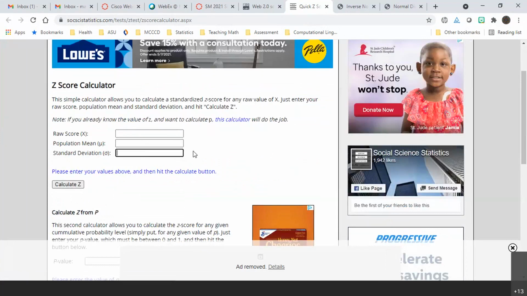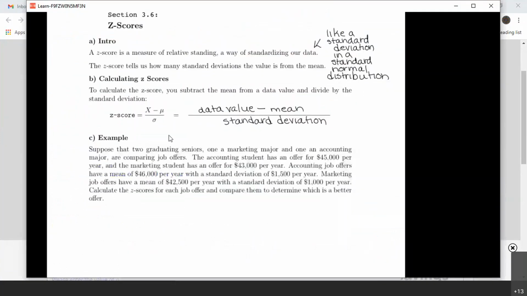The only mistake people make when they calculate the z-score is they have a nasty habit of always wanting it to be positive, so they switch X and mu. Don't switch X and mu. You always want the data value first and the mean second, because for data values below the mean, you want a negative z-score, negative standard deviations below the mean.